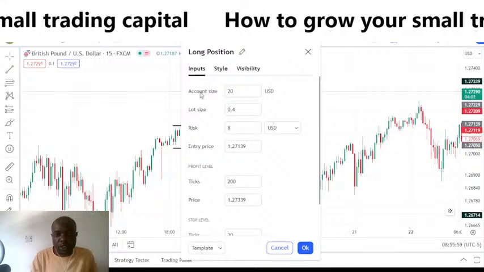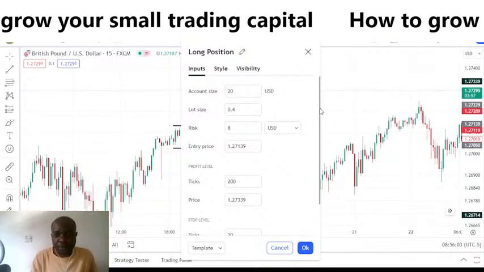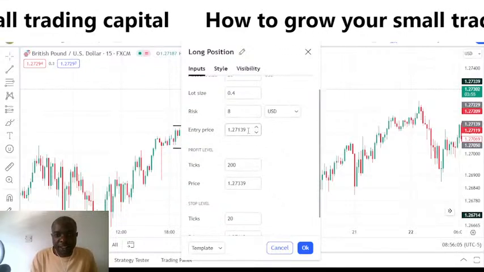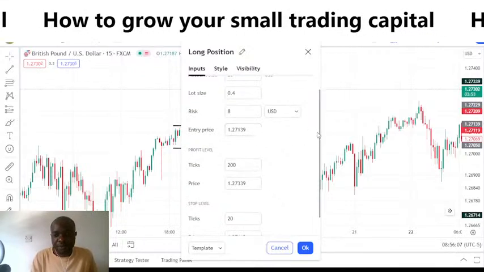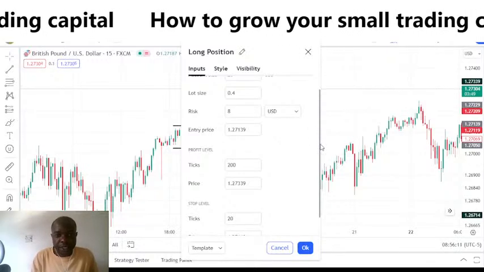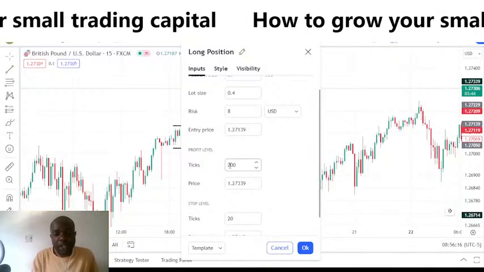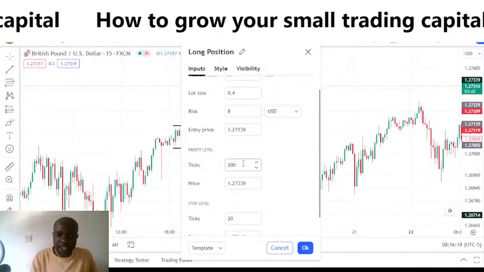You input the lot size 0.4, then the entry price, that is for long position to sell. Then the take profit, if you want to take profit at 100 pips or 200 pips, you set it.